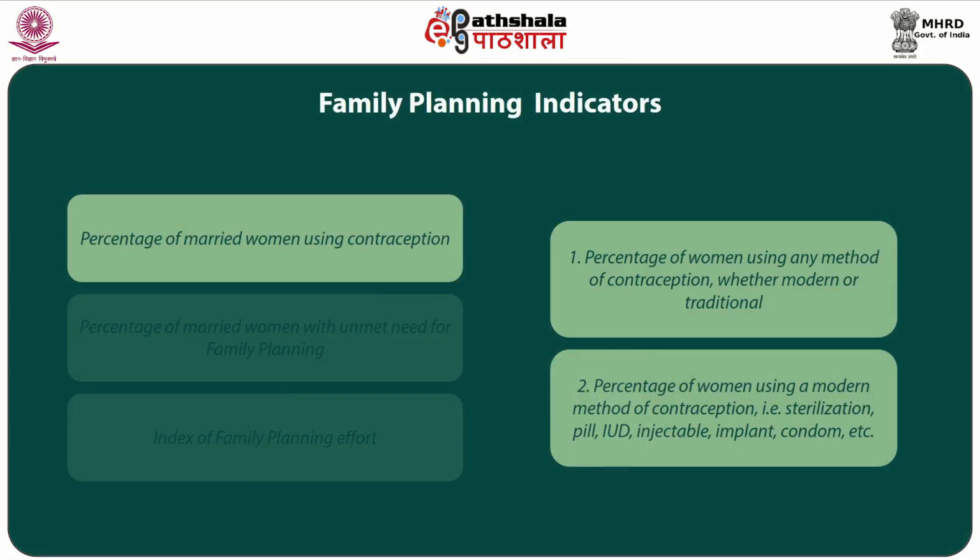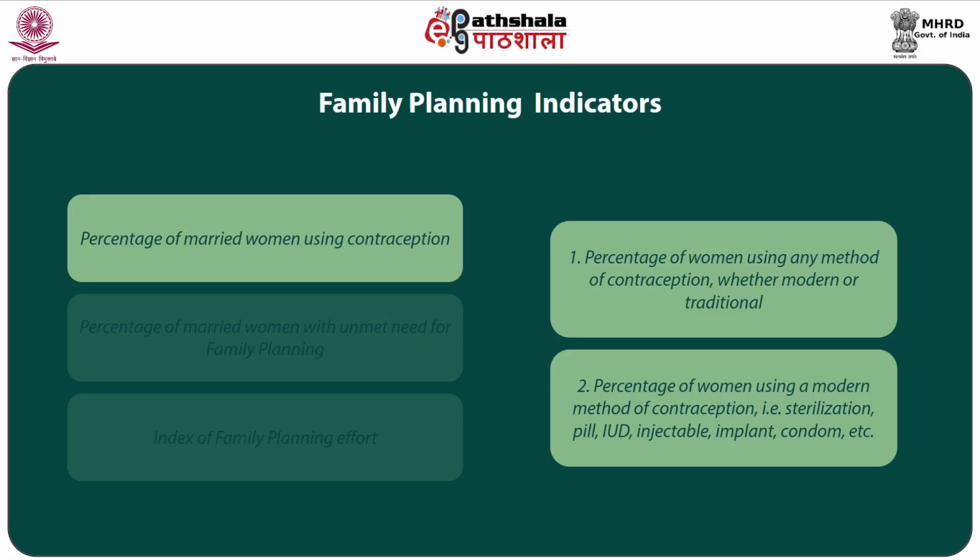Moving to the family planning or contraception related indicators. Here we are talking about the percentage of married women using contraception. This is the percentage of women aged 15 to 49 years who are married or in a union and they are using a contraceptive method or a family planning method.